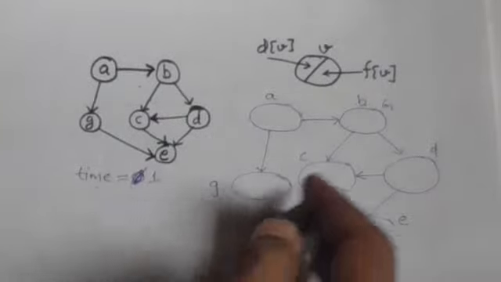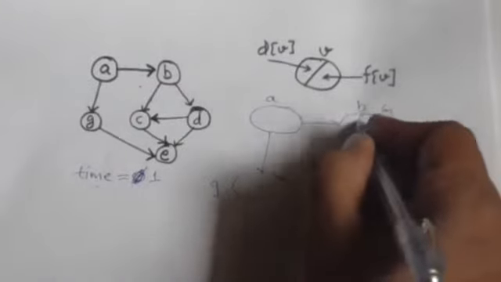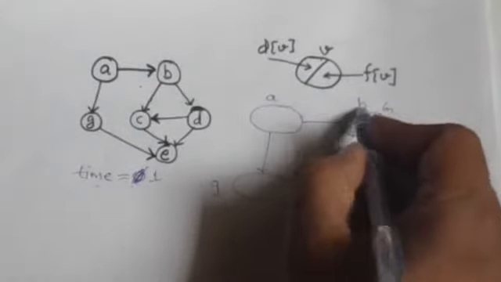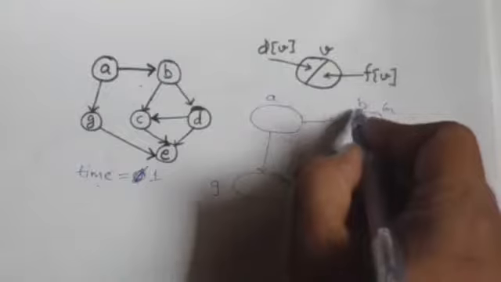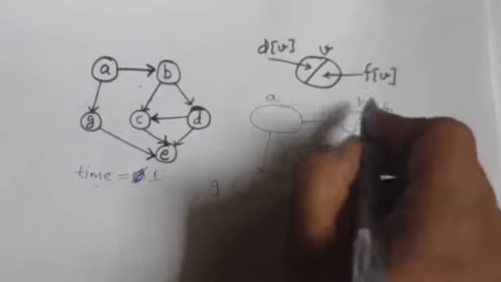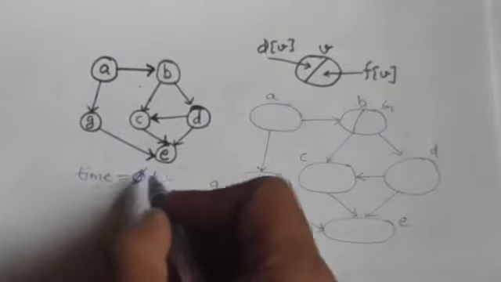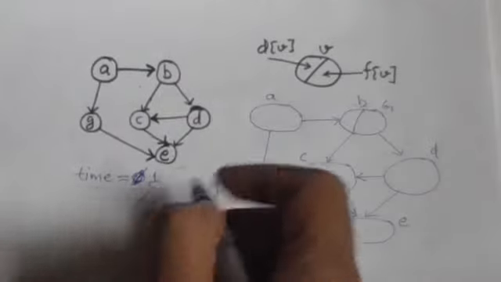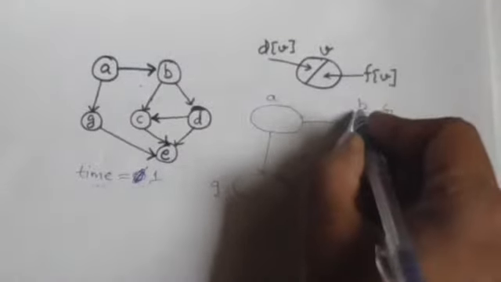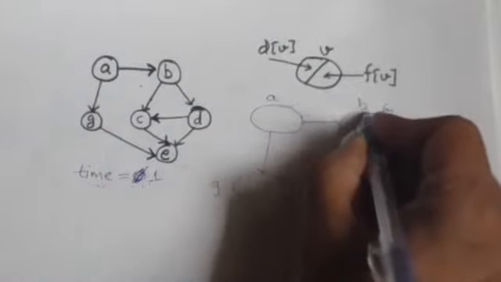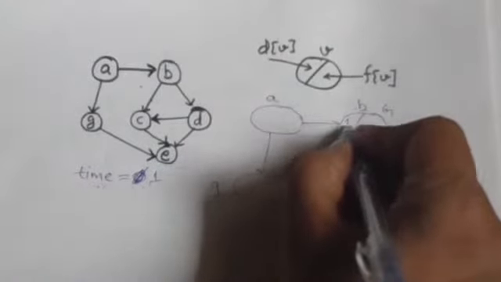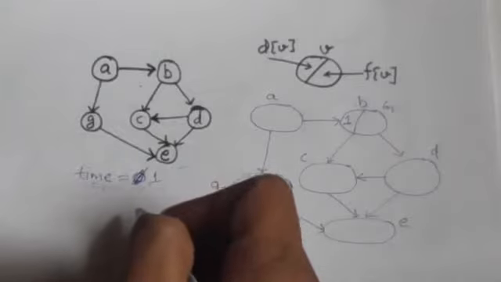And then we will set the discovery time for this vertex b as the value of variable time, right? So discovery time of this vertex b will be set to 1 because the value of time variable is 1, right?